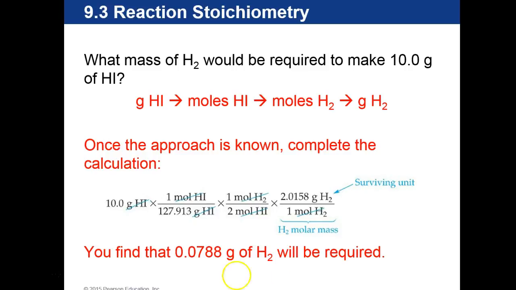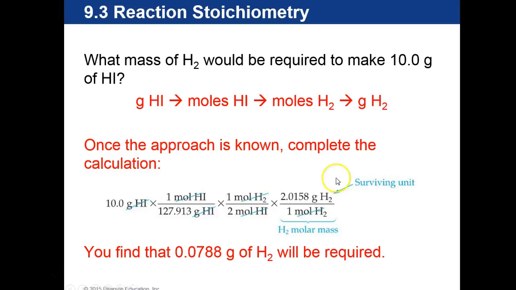Okay? In this case, grams of HI cancel out. We then know there's 1 mole of H2 per 2 moles of HI. In this case, moles of HI are going to cancel out. We then know that 2.0158 grams of H2 per 1 mole of H2. And that's what we wanted to find.